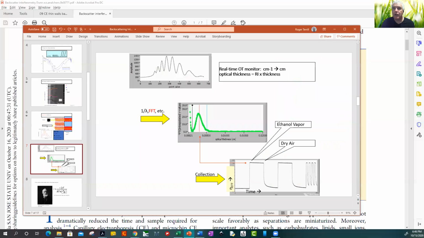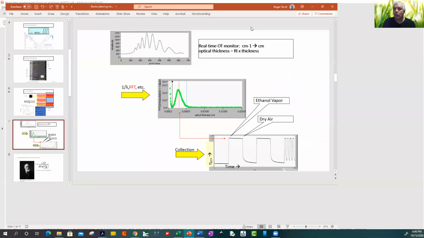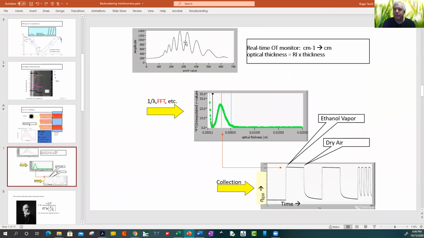Let me see if I can illustrate here. What's going on in that one is that it's like 650 nanometers, so it's like right up here. If they're lucky, they're on the side of one of these peaks. If they're on the peak, then they're screwed. If the wavelength and the capillary thickness and refractive index put them on a peak here, they're not going to see anything, they'll have zero sensitivity.